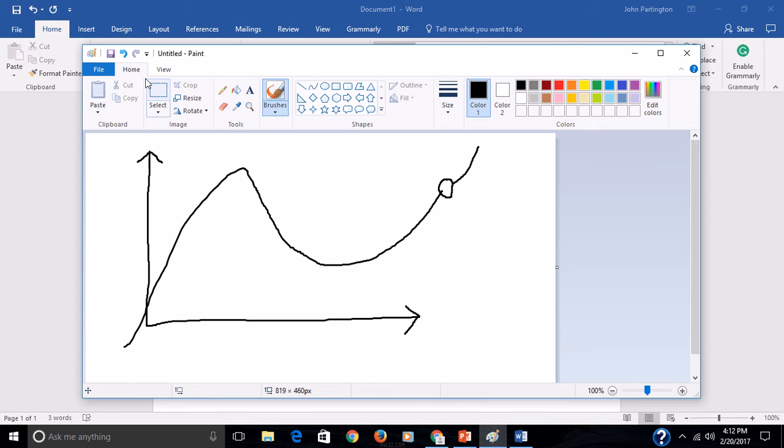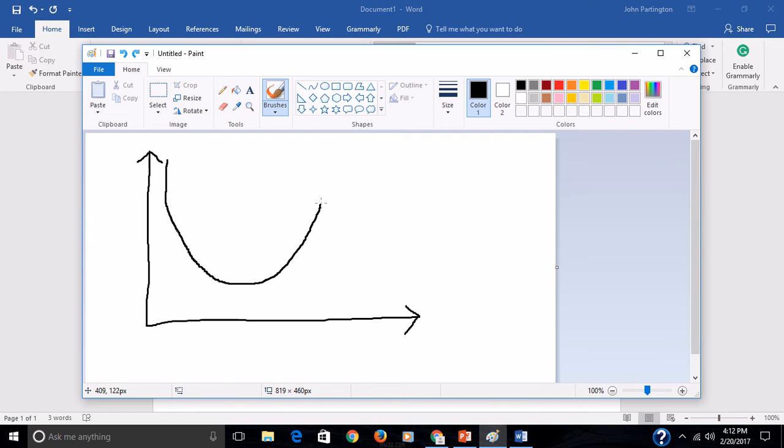Now, another kind of discontinuity we can have is an asymptote, horizontal or vertical. That'll be something like this. We'll put this dotted line here. And now we see these lines, as they go up to infinity, are never going to reach this point.